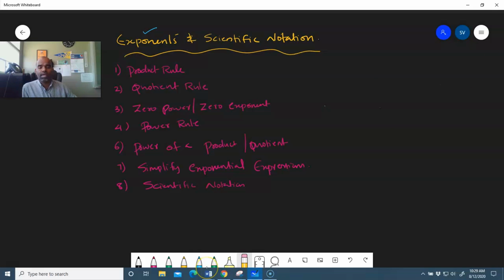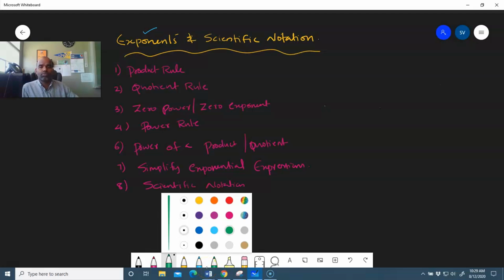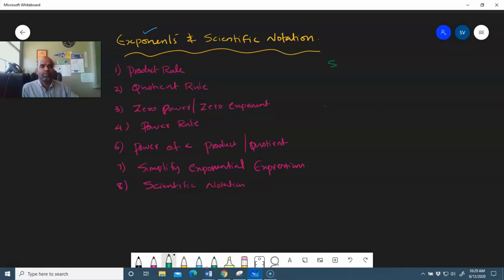So for that, I am trying to write a problem like this. Simplify x to the power 5 times x to the power 3.